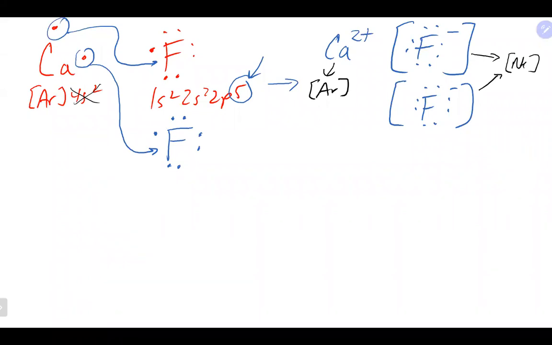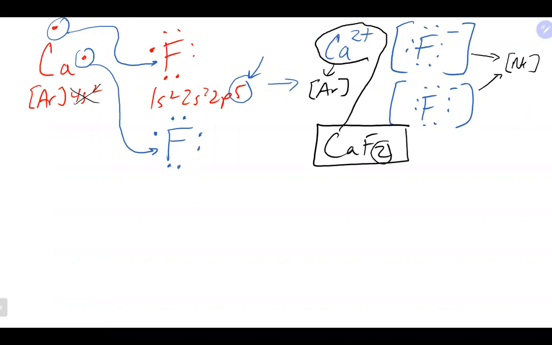And this is why, if you remember in an earlier chapter, we talked about when we put things together that are positive and negatively charged, the overall charge should equal 0, right? So when you take something that's positively charged and something that's negatively charged, they should add up to 0. And that's why calcium fluoride's correct formula is CaF2. We need 1 calcium, and we need 2 of the fluorines to do that.